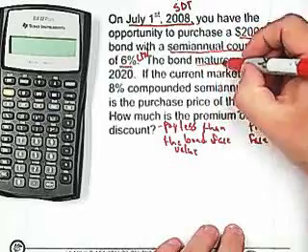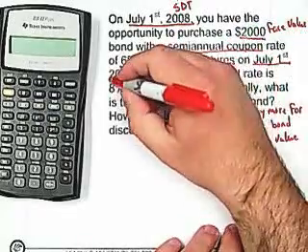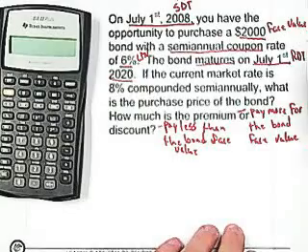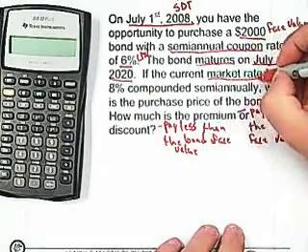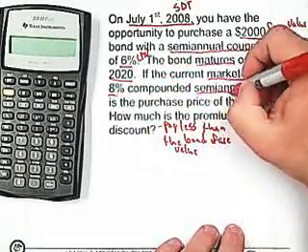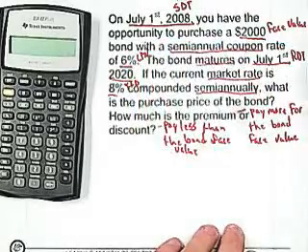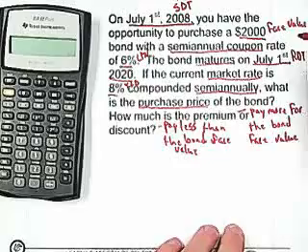The bond matures on July 1st of 2020, so this is our redemption date. And then the current market rate is 8% semi-annually, so this is our yield. And then what is the purchase price?